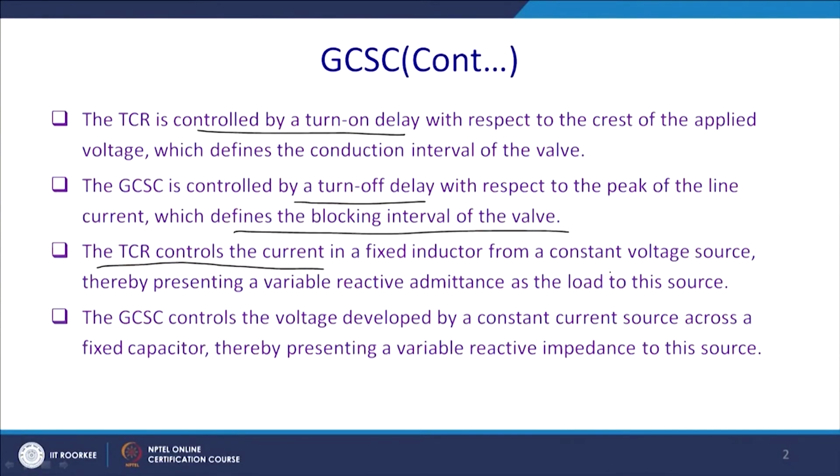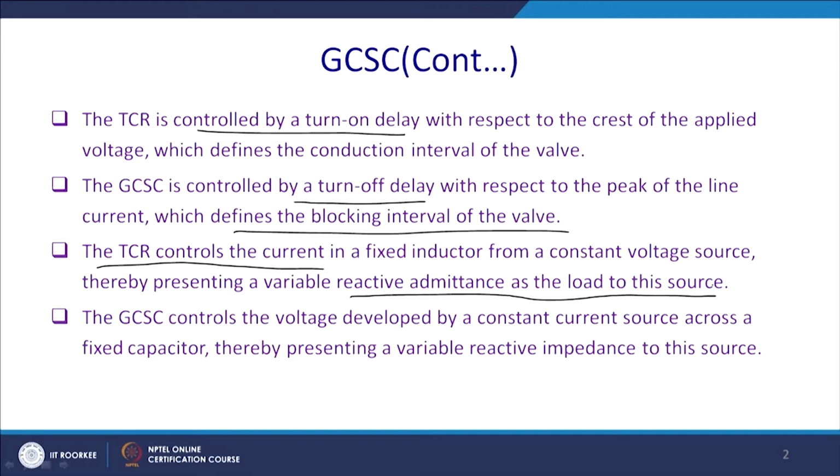And what are the other differences, though they seem similar? The TCR controls the current in a fixed inductor from a constant voltage source, representing a variable reactive admittance, as well as the load and the source.